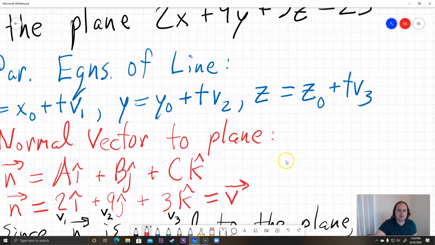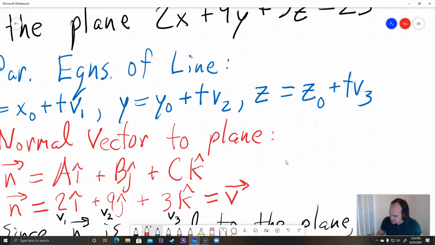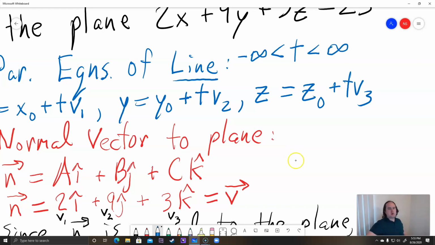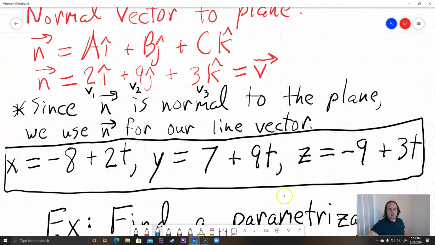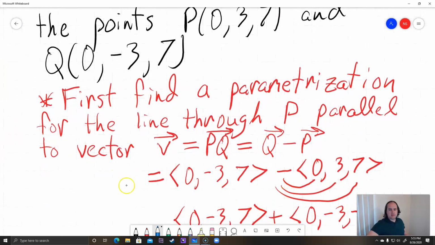But keep in mind that for a line, t goes all the way from negative infinity to positive infinity. I wrote 8 for some reason; I guess 8 looks like a sideways infinity. That's what makes it a line. So first we're going to write down these parametric equations of the line.